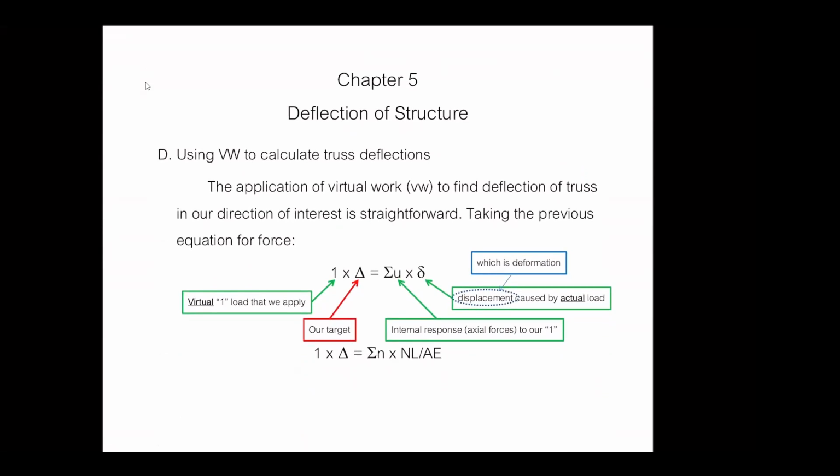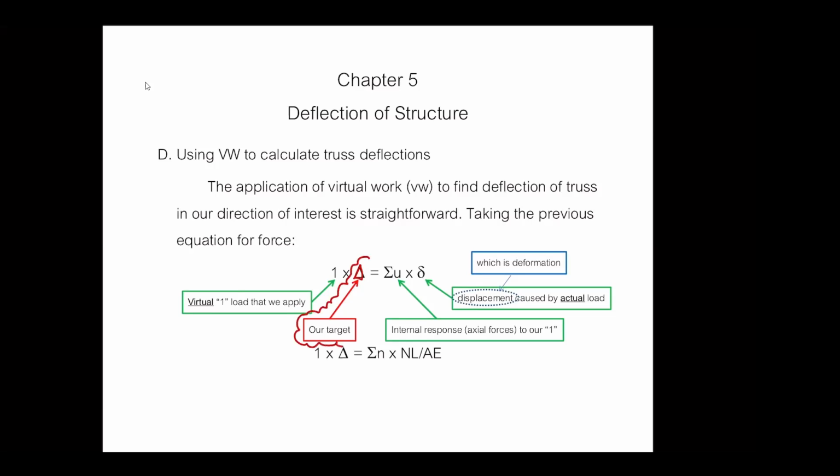So the first thing, the easiest thing to see is the calculation of the truss deflection. Let's say we want to know the deflection of the truss. That becomes our target.